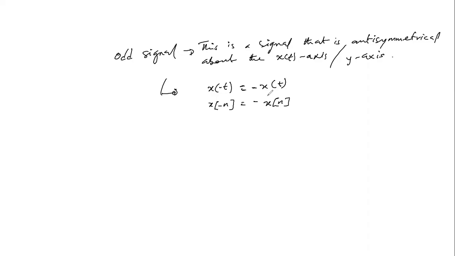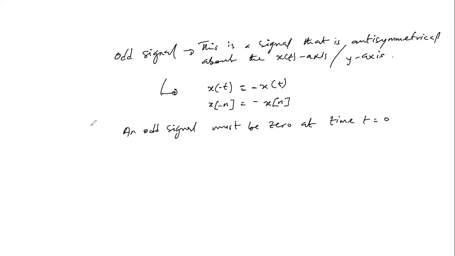It is to be noted that an odd signal must be zero at time t equal to zero. So meaning all odd signals will always pass through the origin.